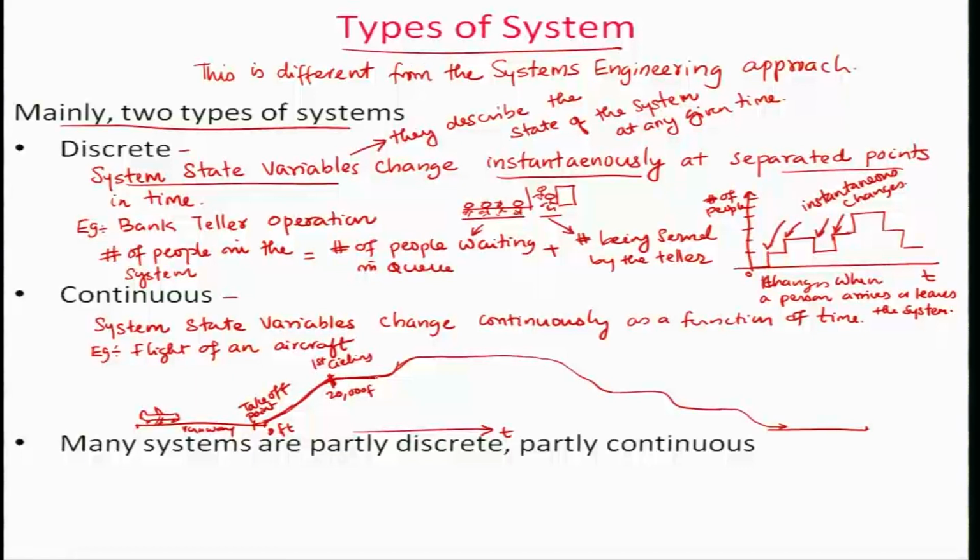Similarly, it might continue at 20,000 feet for some time, then go to maybe 32,000 feet. So, this will be the second set of climb, then it will stay at its cruise altitude, and from here it may come down to 10,000 feet, stay there, then come down to 5,000 feet, and then it comes and lands.